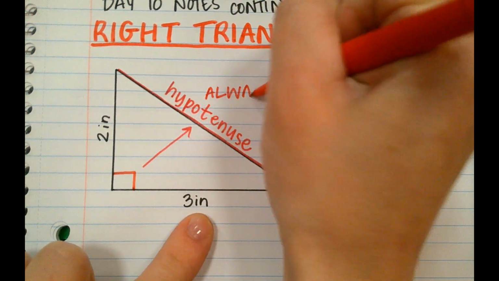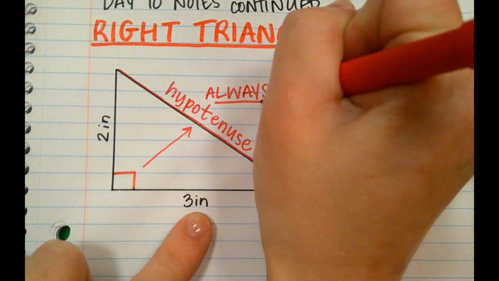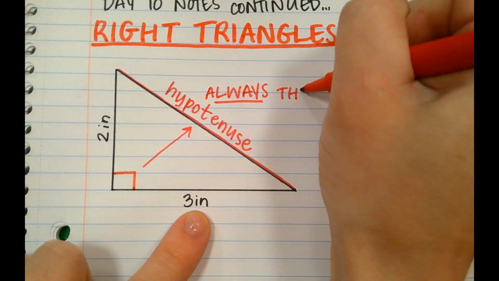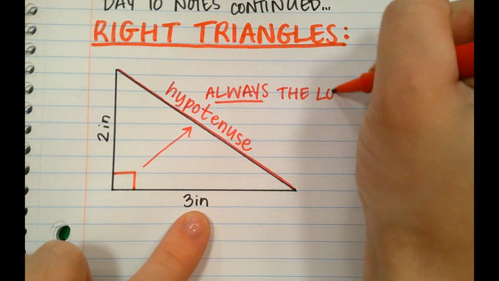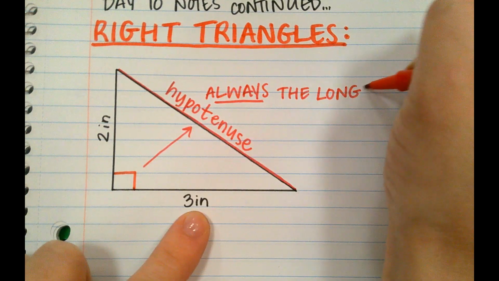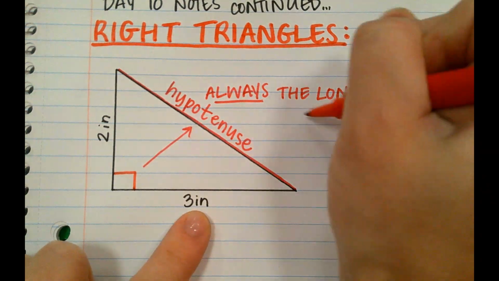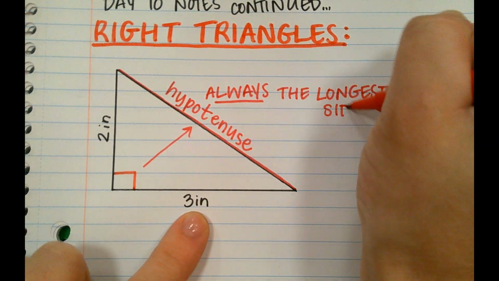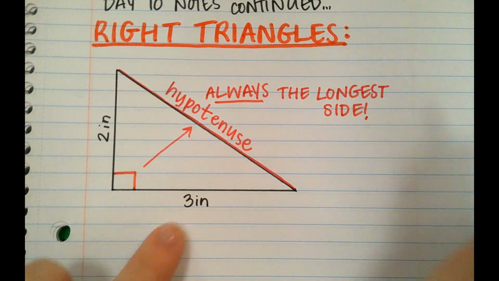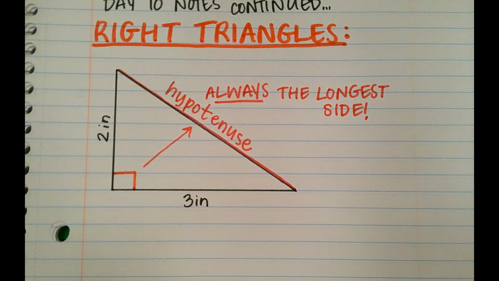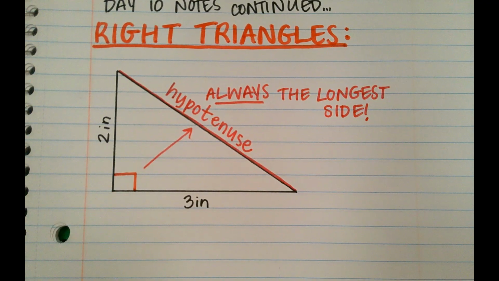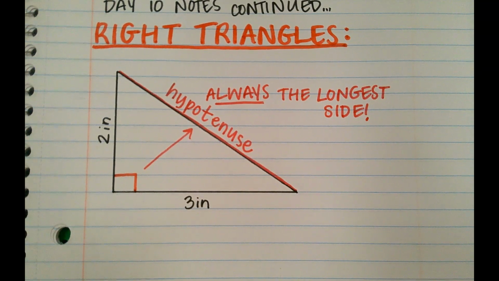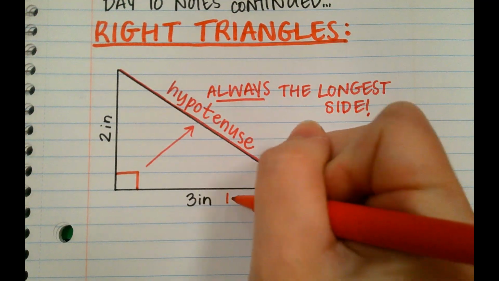Always. The longest side. Hypotenuse. And the other sides, we just call those the legs of the triangle. We could say leg.